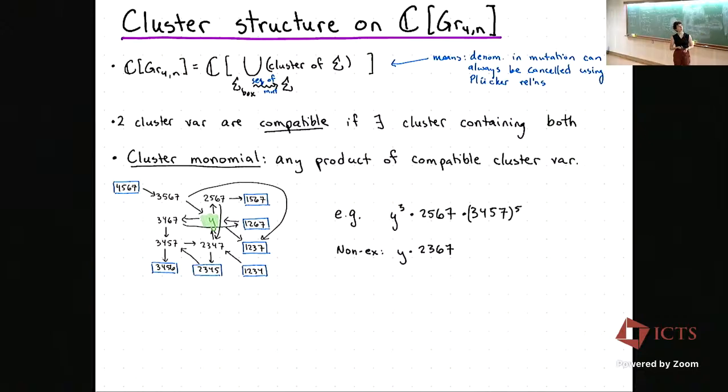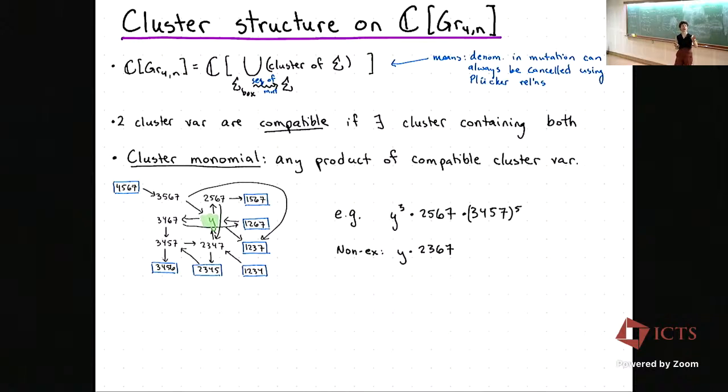And I want to focus on some special products of cluster variables called cluster monomials. That's any product of compatible cluster variables. To get a cluster monomial, you can only multiply together those cluster variables that appear together in some seed. If they never appear together, you're not allowed to multiply them.